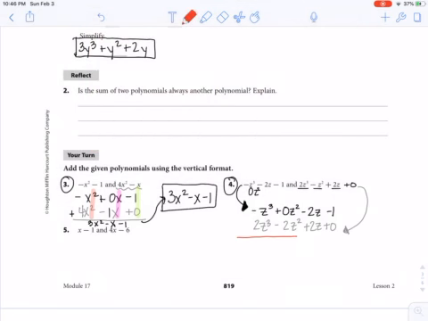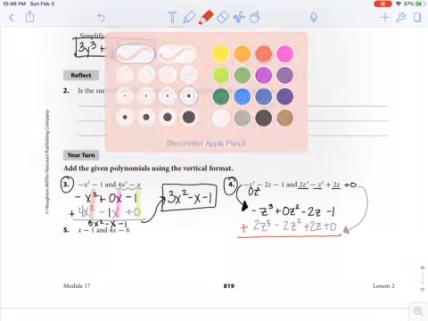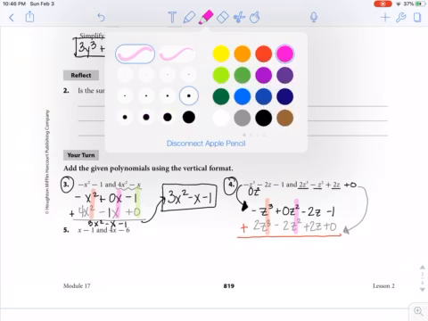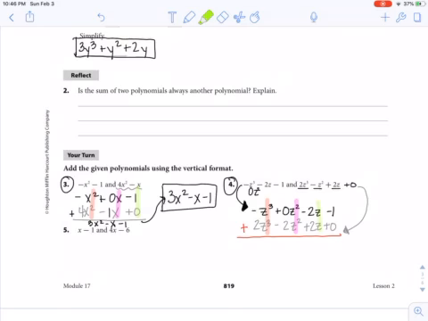And now I'm going to go ahead and add, because I'm adding polynomials. Before I do that, I'm going to make sure I have everything aligned. So I have z cubed, z squared, z, and my constants. If I don't have everything aligned, I could be adding unlike terms, which is something that we don't want to do because it will give us the wrong answer.